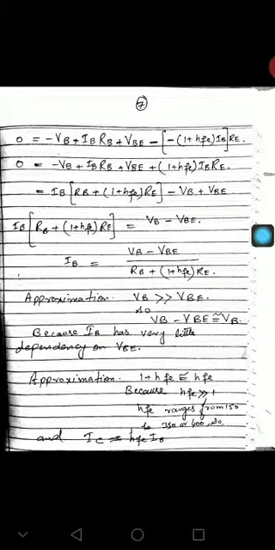Now we again have some approximations, because our practical results are not the same as the theoretical values. To match the practical results with theoretical findings, we have to make some approximations.